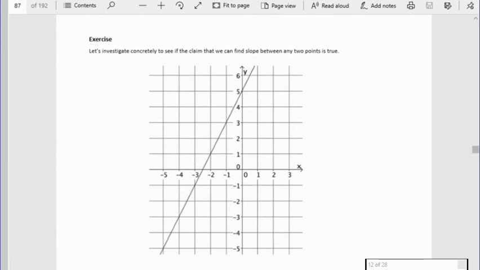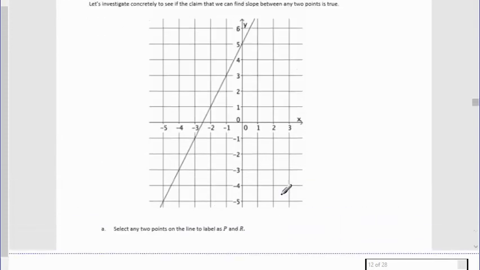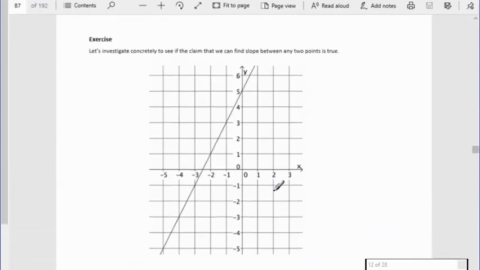All right, turn your paper over. We're going to do the same thing here. I'm going to find some points. Like I said, you can do all of the points if you want just to check, or pick some points.